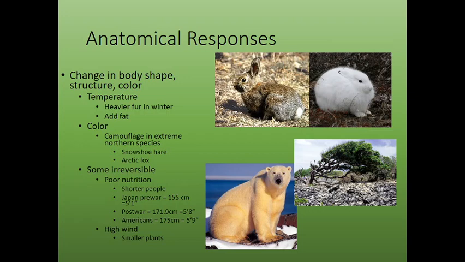Now, some anatomical responses are not reversible, right? There's this interesting story: Japanese people pre-World War II averaged 5'1", and that's pretty short. That's shorter than the average American. But people born after the war were averaging 5'8", and Americans, what we see now, are averaging 5'9". This is men and women.